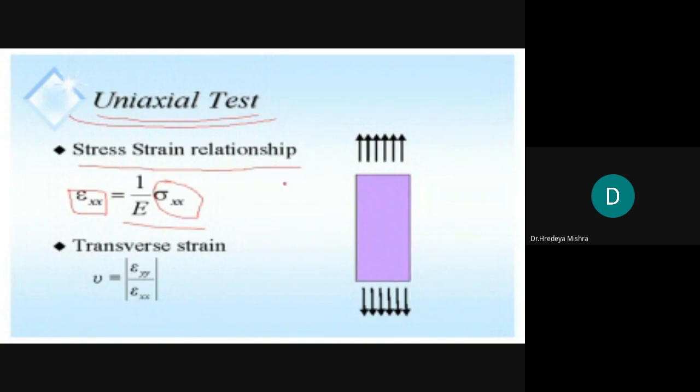This is the stress-strain relationship. Now the transverse strain: this is the formula, epsilon y equals minus nu sigma yy over E.